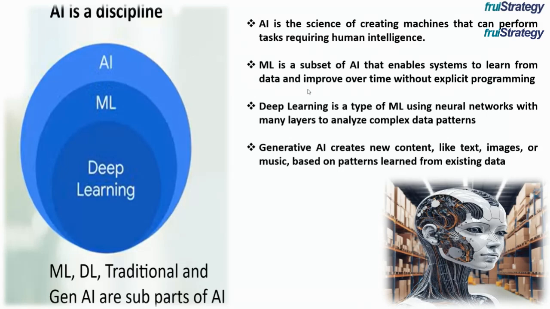Then we have deep learning, where we have neural networks that solve complex problems, with a deep understanding of the data that you provided, and then it comes up with solutions to the problems we expect to be solved.